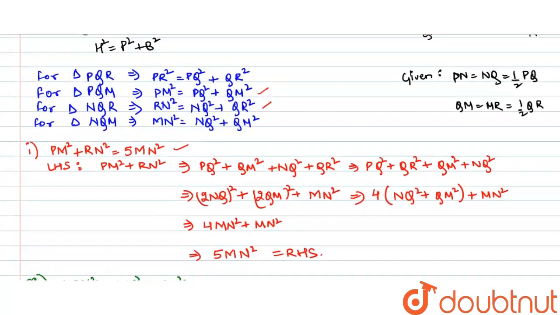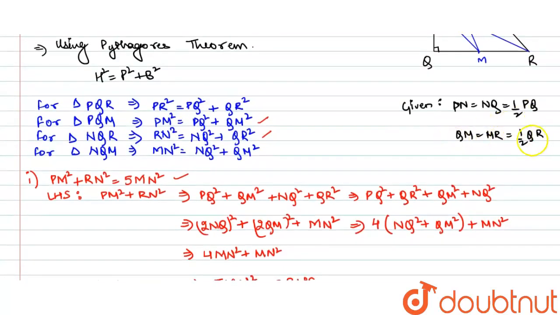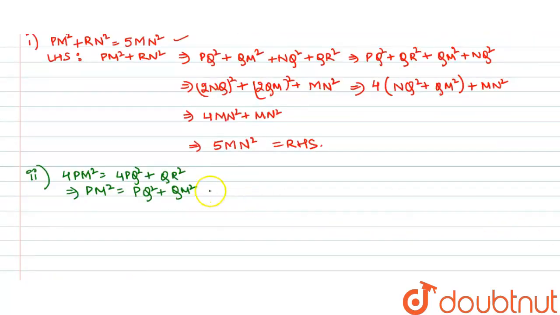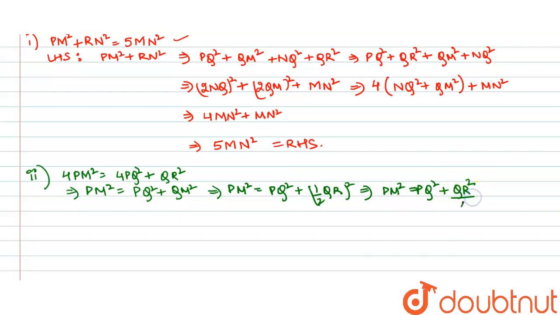Now from here QM is equal to half of QR. So I will replace this with this. So this becomes PM square equals PQ square plus 1 by 2 QR whole square. Now this changes to PM square is equal to PQ square plus QR square by 4.